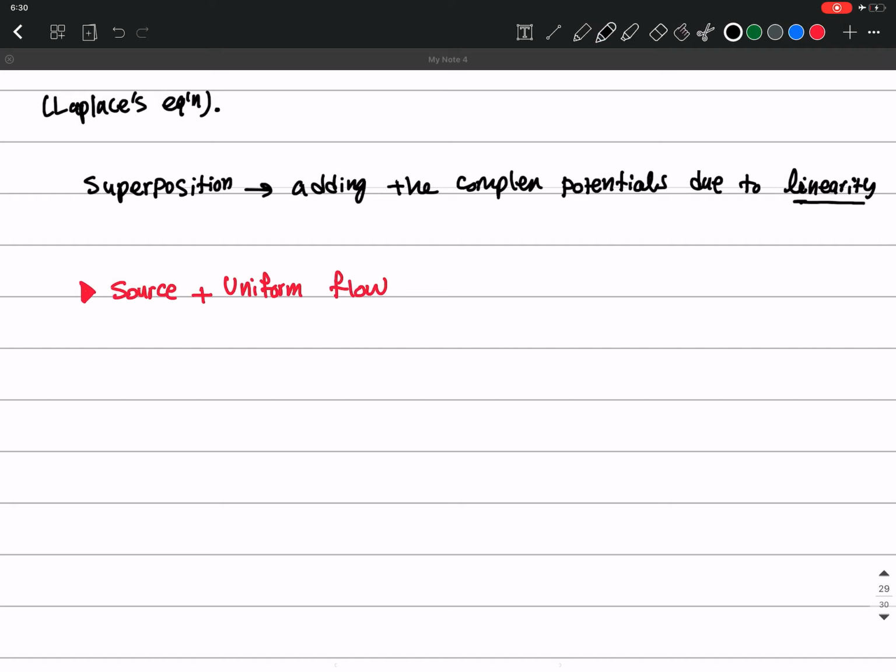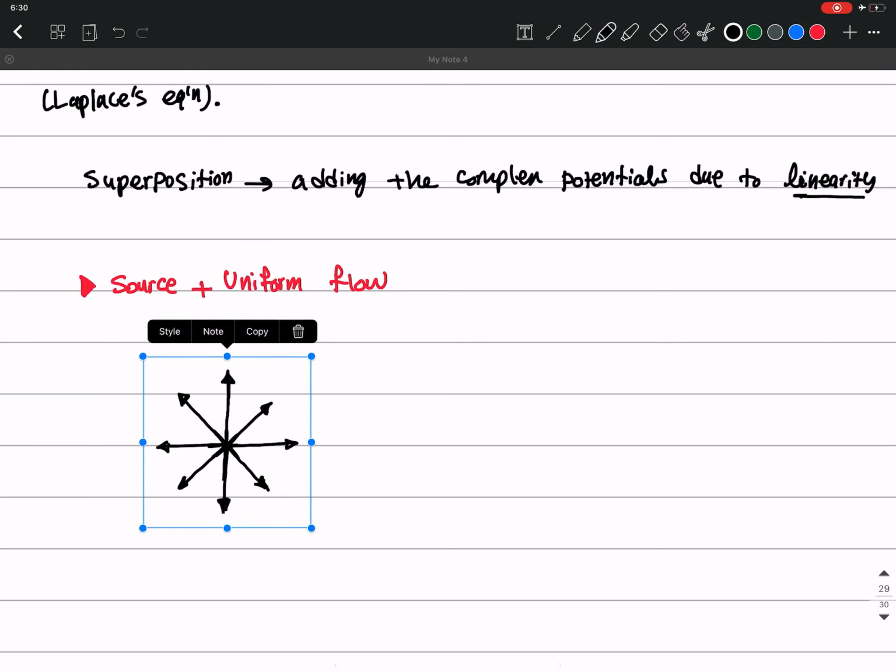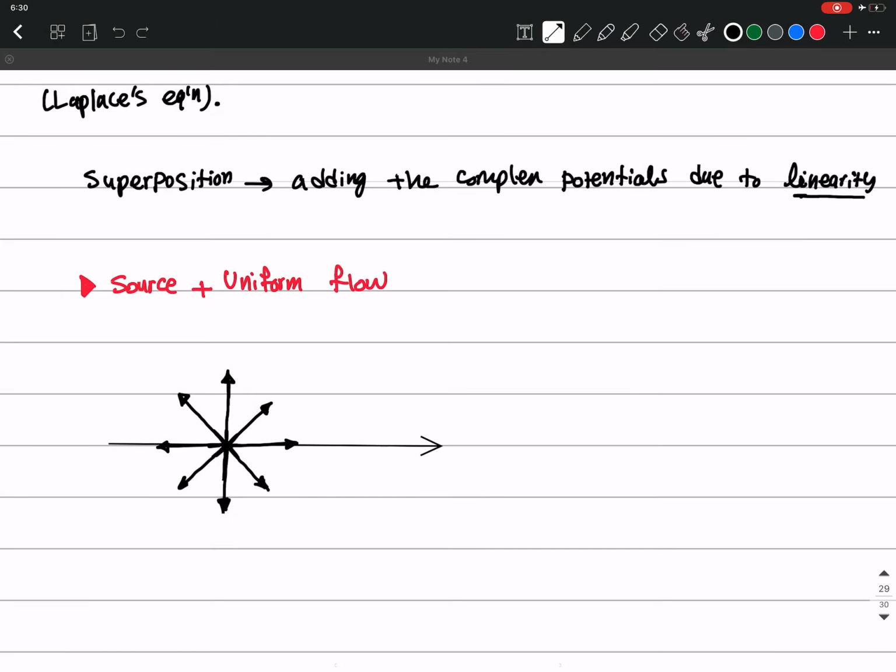Okay. So let's say we have a source flow, which we know looks like this. And at the same time, we have a uniform flow. So let me show it here. So say this is our coordinate system.